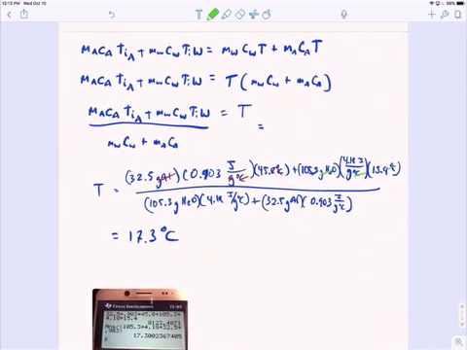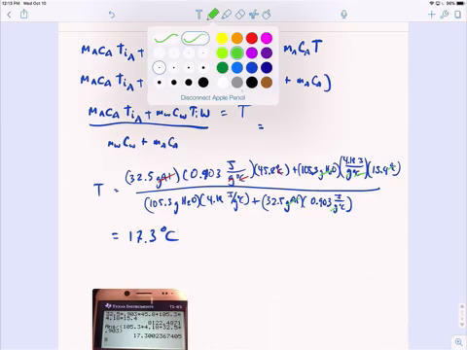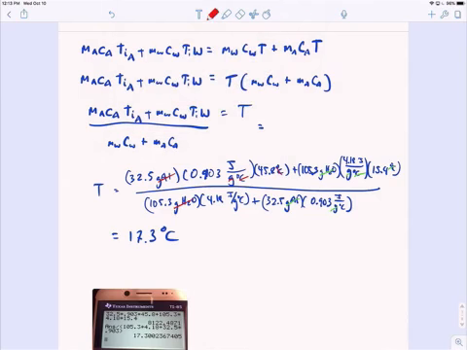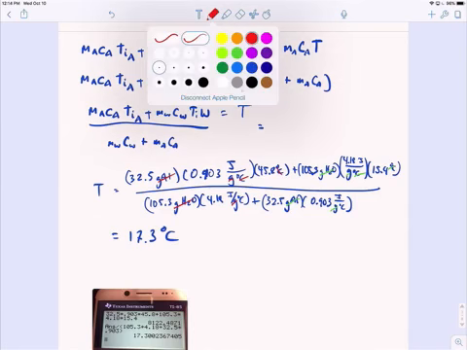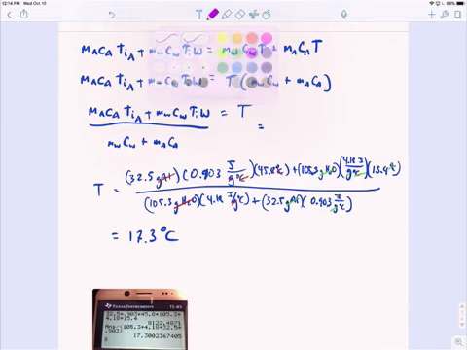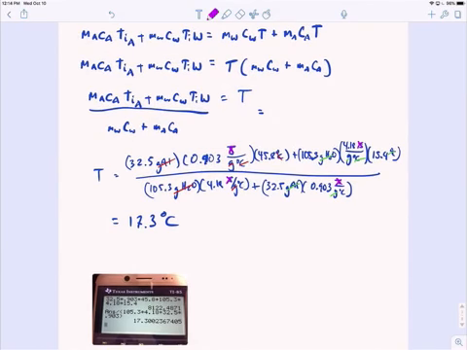And down here at the bottom, grams cancel there and there. You can also see joules cancels in all of them. And dimension-wise, we're at 1 over 1 divided by degrees Celsius, which is degrees Celsius. So those are the terms there.